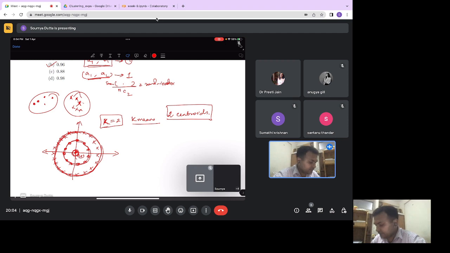You don't change anything in the k-means algorithm. The k-means algorithm remains as it is. Can you do something to the way this data set is distributed, so that it becomes separable by k-means? I will give this answer later. So keep this question in mind.